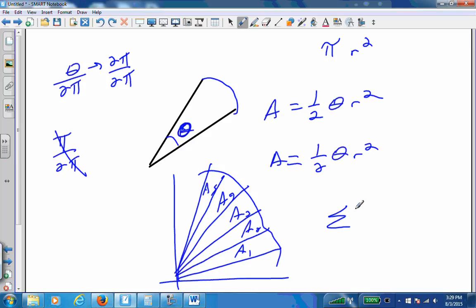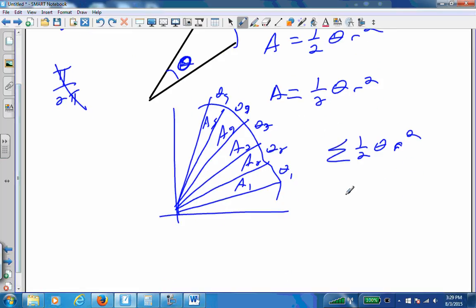So it turns out we're going to add lots of 1/2 whatever our angles are times our corresponding radius for our partition squared.